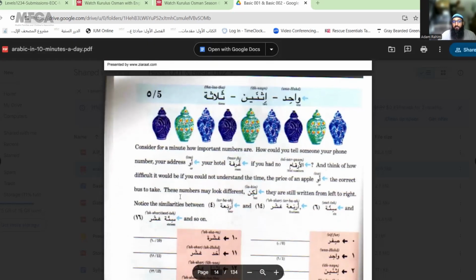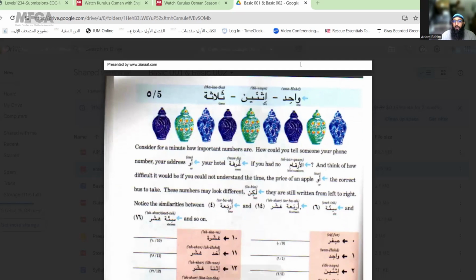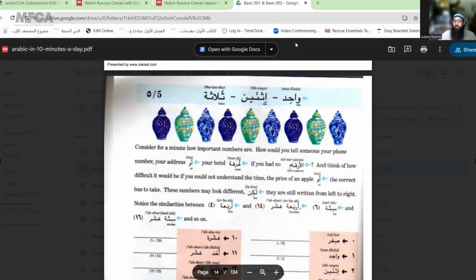So today's lesson is going to be learning about numbers, al-arqam or al-a'dad. Let's take a look here. The word number is adadun or raqmun. You'll see both of these.